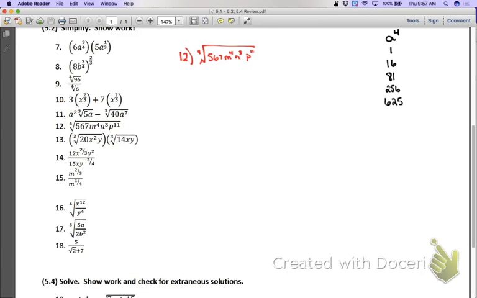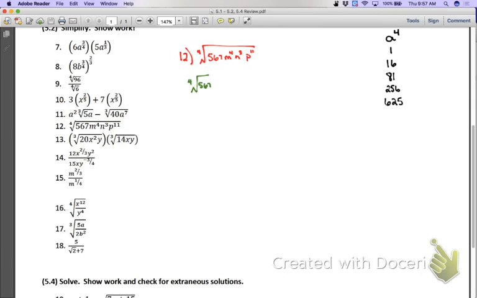So we have the fourth root of 567. As I go, I want to check to see what number from that list I can factor out. I can't divide it by 625 because it's not big enough. Can I divide it by 256 evenly? No. Can I divide it by 81 evenly?